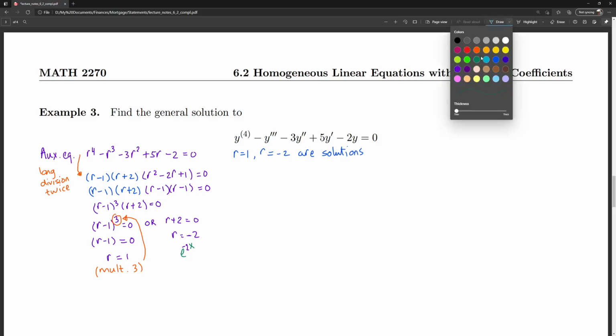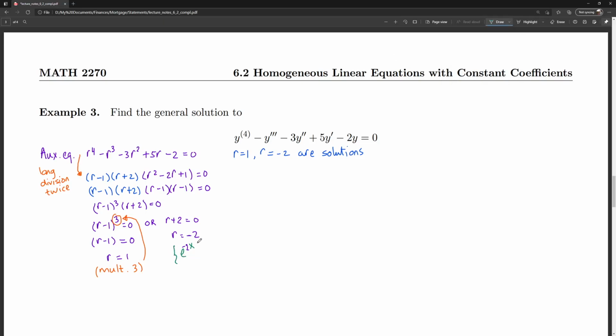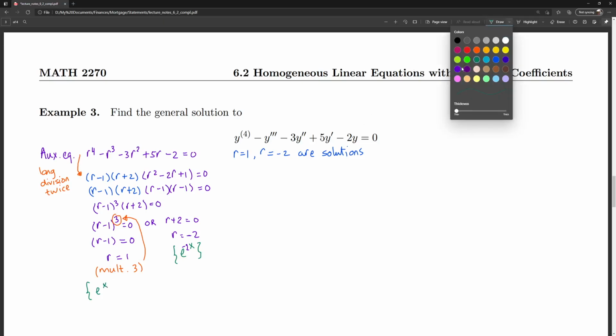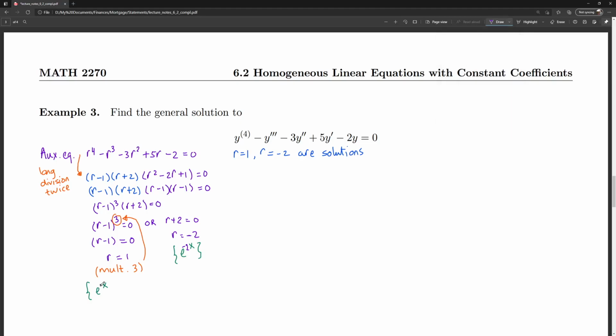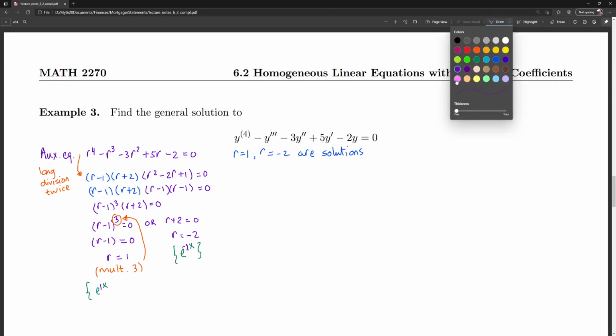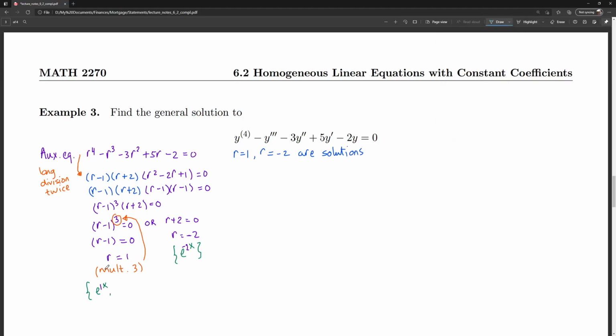Okay, so that is part of our general solution. And then here, we start off with e to the power 1x because r equals 1. And then for the next solutions, we need 3 solutions because we have multiplicity 3.